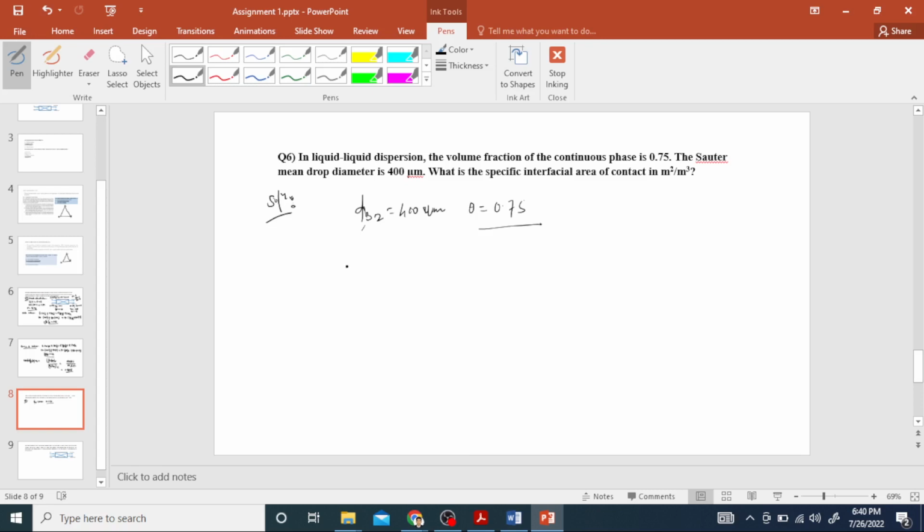The formula to calculate the specific interfacial area is a is equal to 6 phi divided by d32. Phi indicates the volume fraction of the dispersed phase.